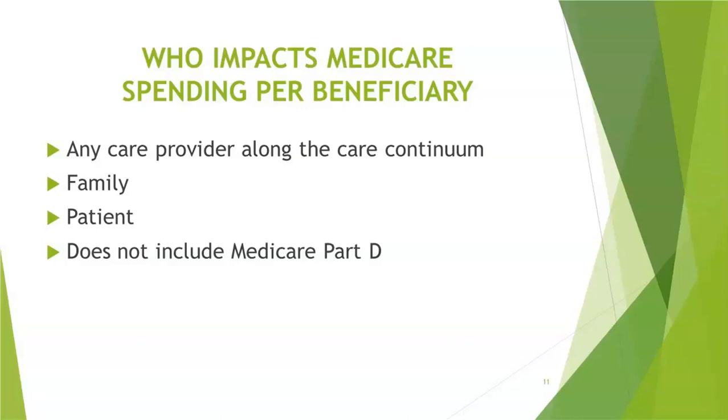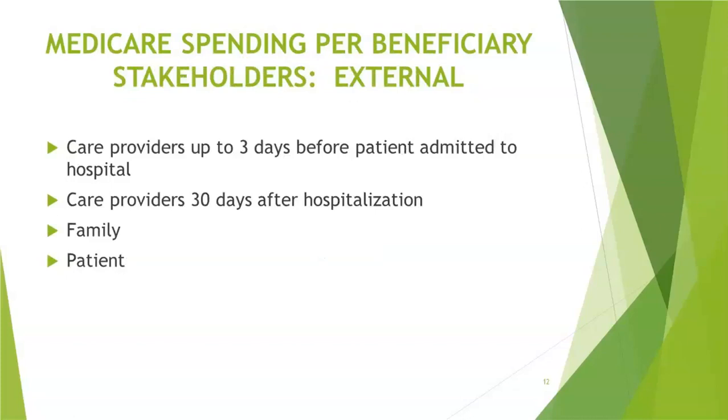The family can have an impact, the patient can have an impact, and just as an aside, none of this includes Medicare Part D. Externally to the hospital, those care providers up to 3 days before the patient is admitted and 30 days after hospitalization.